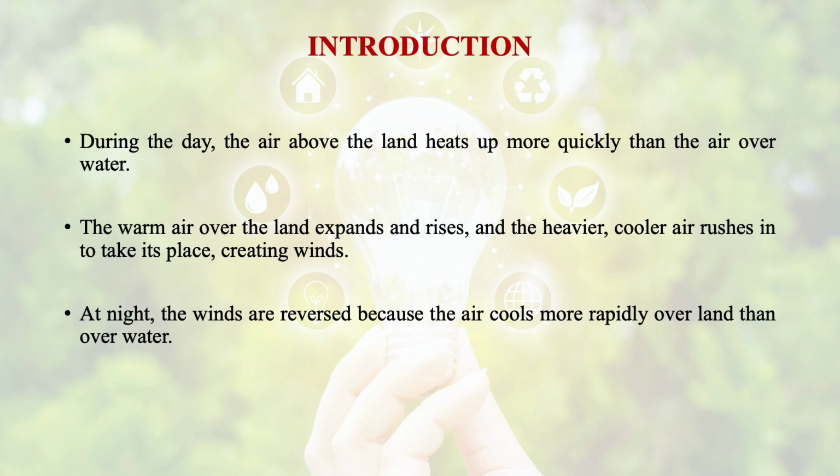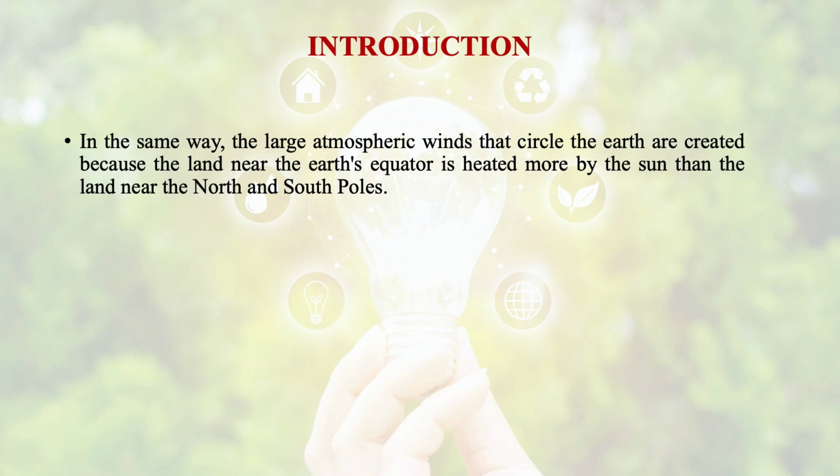And at night, the winds are reversed because the air cools more rapidly over land than over water. In the same way, the large atmospheric winds that circle the earth are created because the land near the earth's equator is heated more by the sun than the land near the north and south poles.